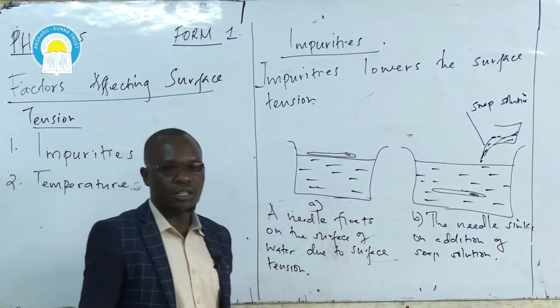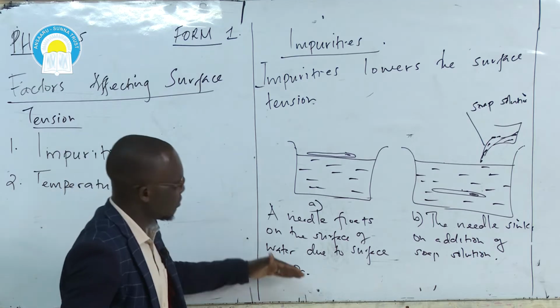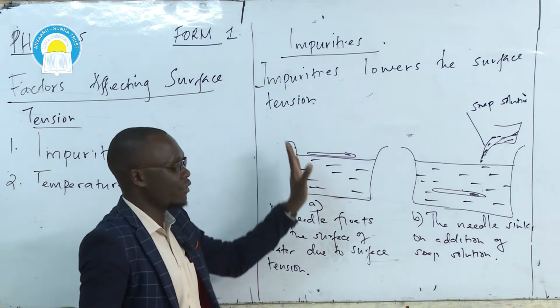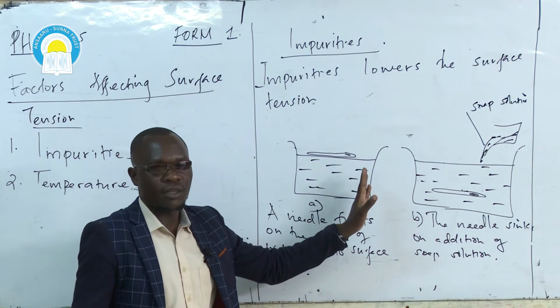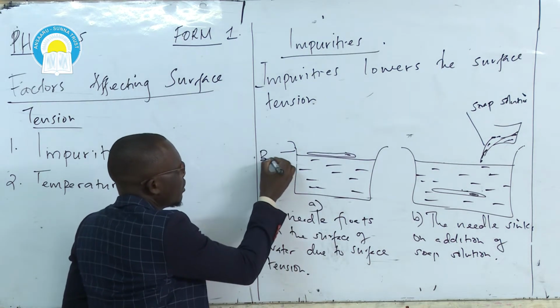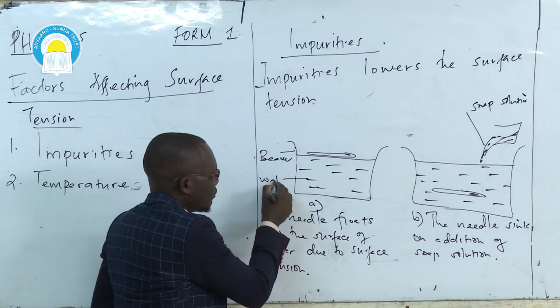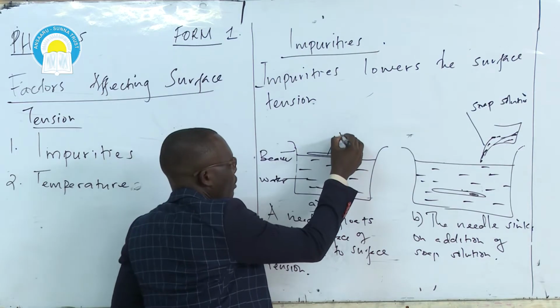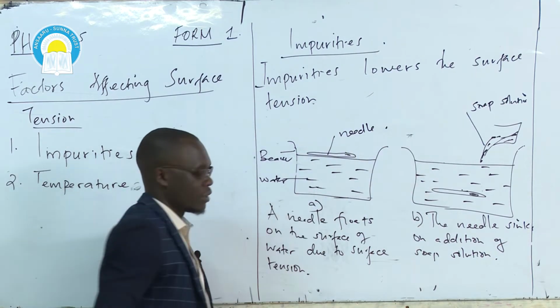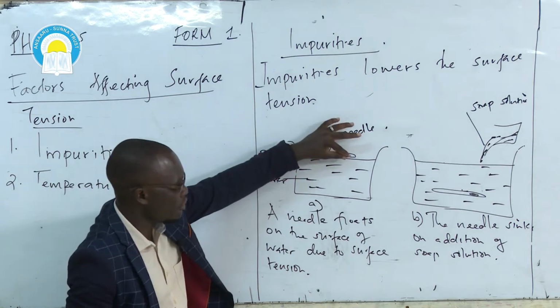This is a common question you'll meet in the exam. This experiment demonstrates how impurities affect surface tension. In our first setup, this is a beaker. The beaker contains water. You take a beaker, put water in it, then take a needle and place it on the surface of the water.